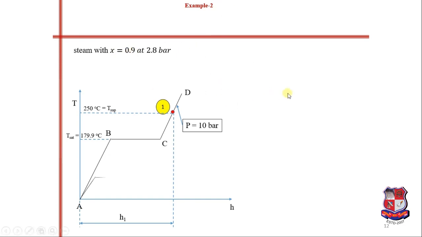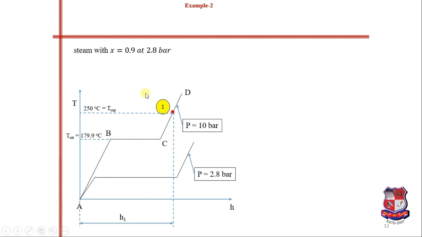So let's draw first T-H plot corresponding to 2.8 bar pressure. Okay, keep this in mind. As we increase the pressure, the enthalpy of evaporation becomes shorter and shorter, and at some pressure it may be possible that this enthalpy of evaporation becomes a point.